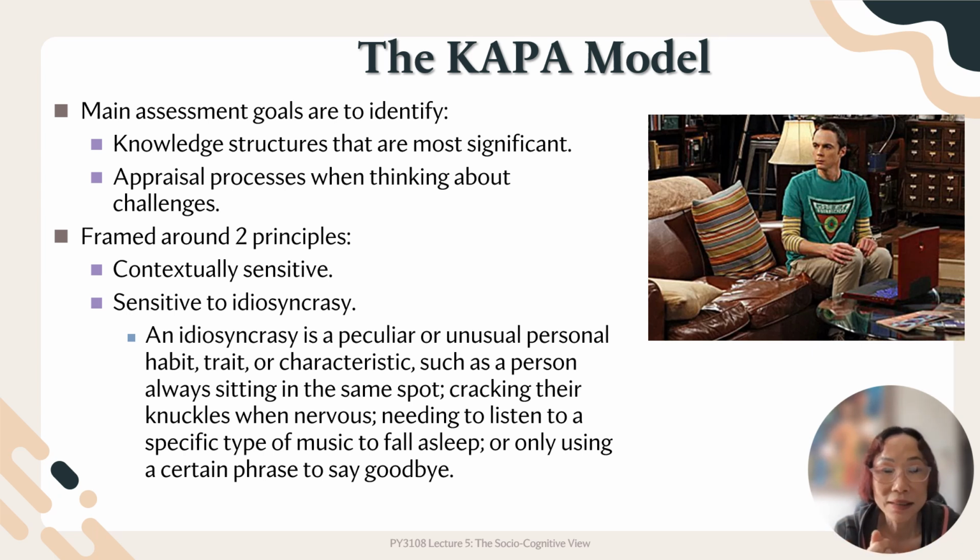And then the appraisal process is to think about challenges. Okay, this is the most important knowledge structure, and I need to think about the challenges if I want to achieve the goal. During this process, I evaluate what I can do to achieve the most important goal.